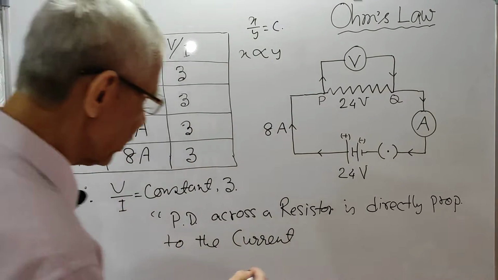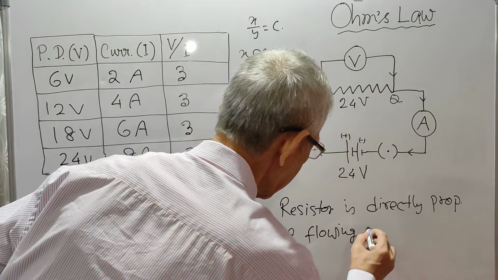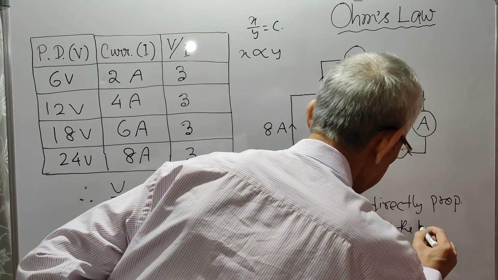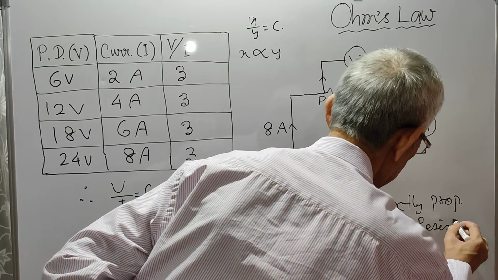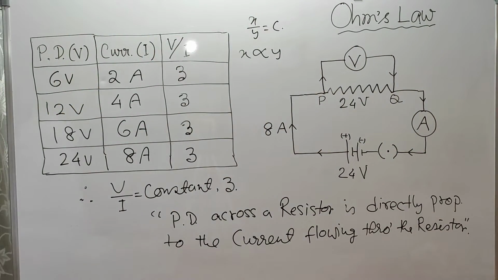This I is the current flowing through the resistor. So this is the statement of Ohm's law.